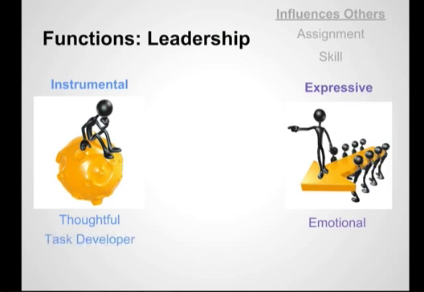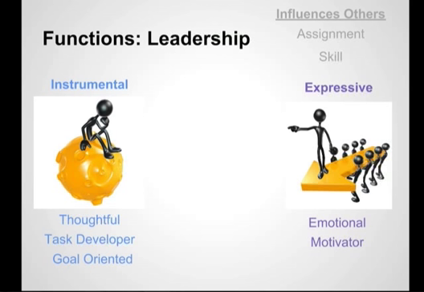Instrumental, because they're thoughtful, tend to focus on the tasks that need to be done more so than, say, the expressive. The expressive, again, that leader looks to motivate, to rally the troops, to finish the project.